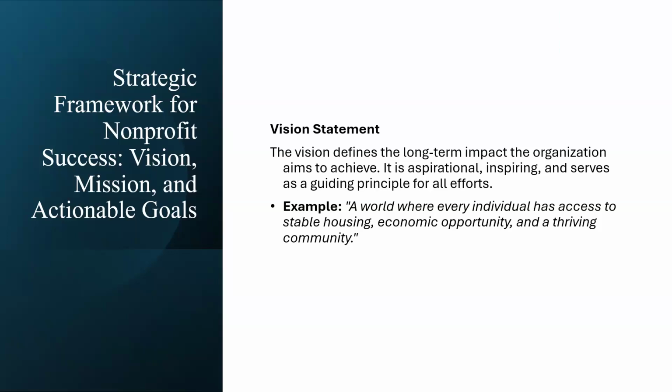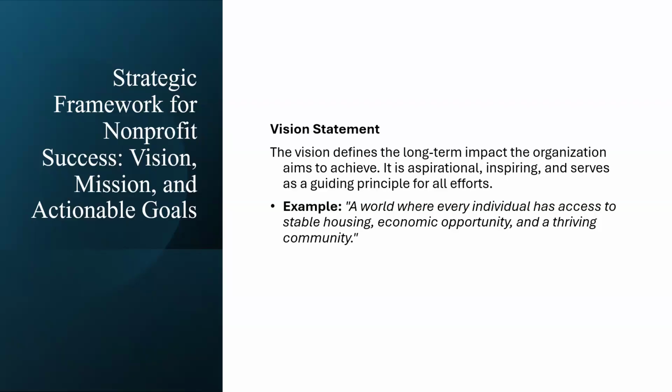One vision statement, if you're working with a nonprofit that has a large number of kids that have been killed inside of neighborhoods, the vision will be a world where young people don't have to fear for being killed in their neighborhood.